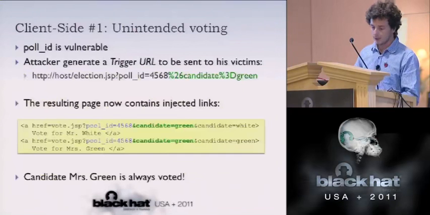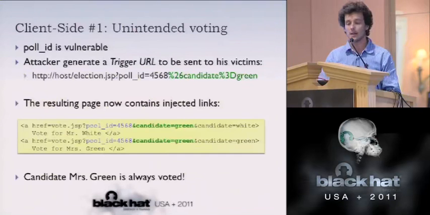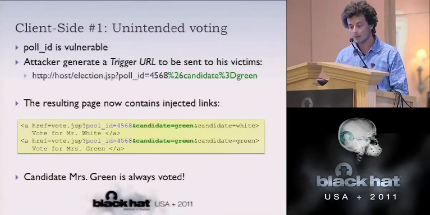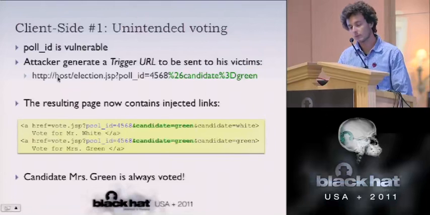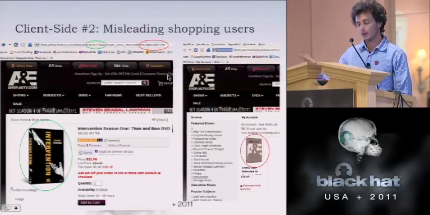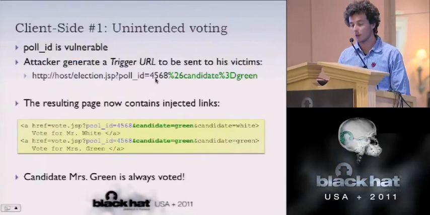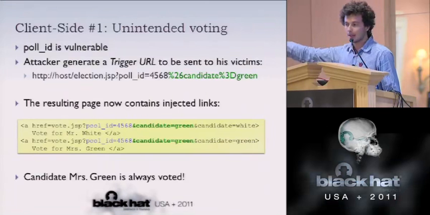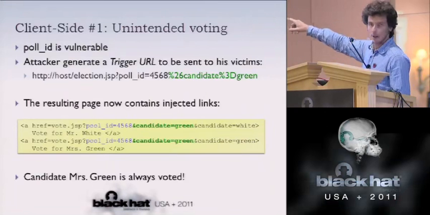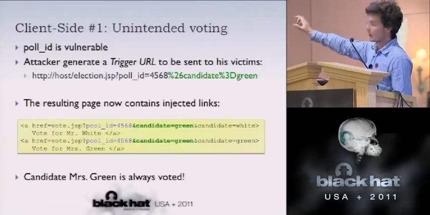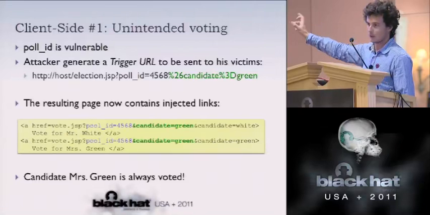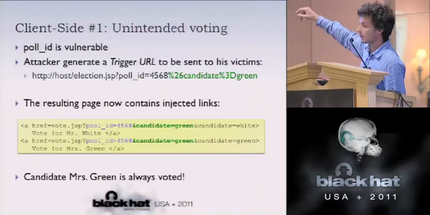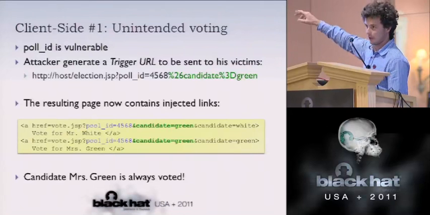So in this example, if the poll ID has not been correctly sanitized, the attacker can create this trigger URL that you see here, where he appends to this 4568 another parameter called candidate with the value green, and he encodes this new parameter using the standard URL encoding form, the percent. So the ampersand becomes %26 and the equals becomes %3D.